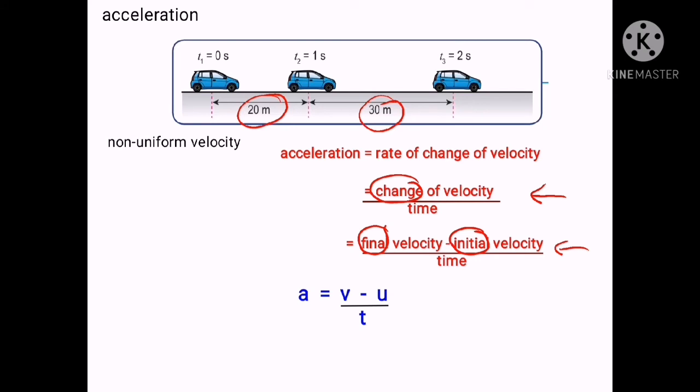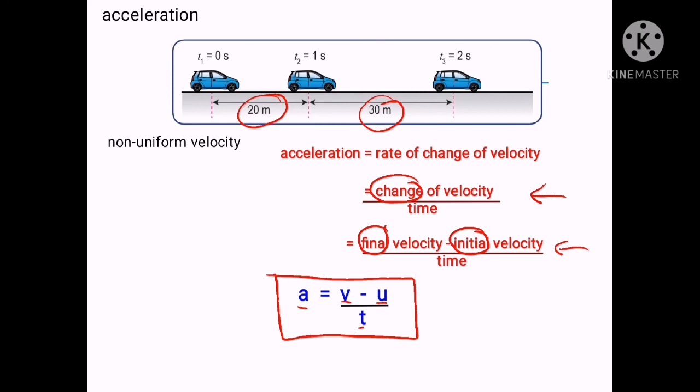Alright, the symbol that we use for acceleration is A. The symbol that we use for final velocity would be V. Initial velocity would be U, and time is T. So the formula for acceleration is V minus U divided by T. Now, what is the unit for acceleration?